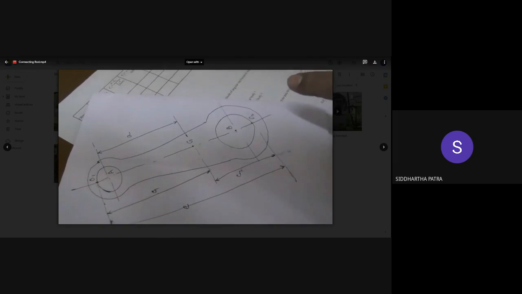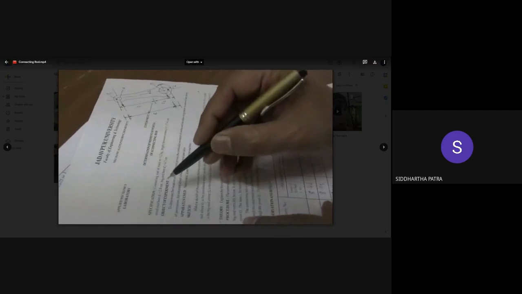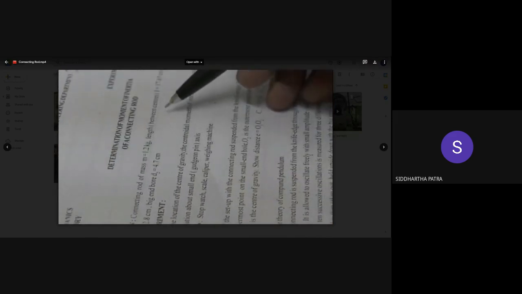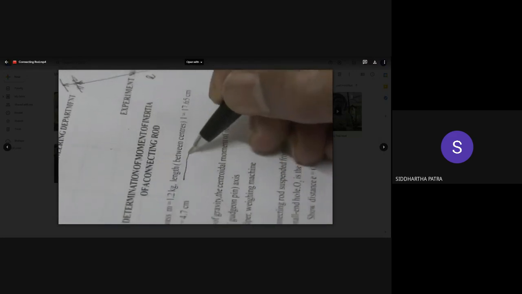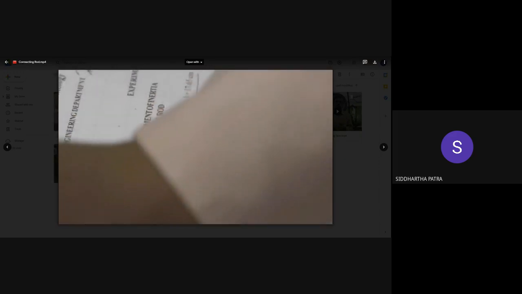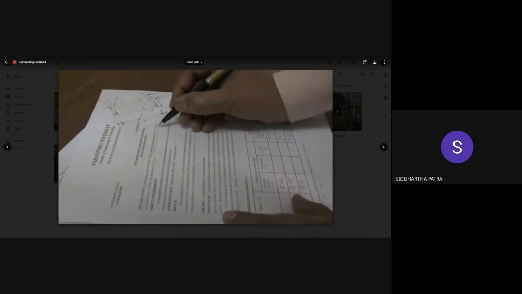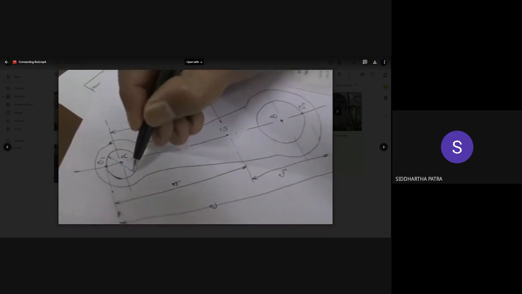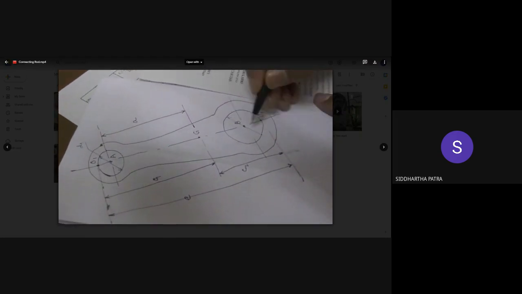So that dimension is given here. If it is not given, you can calculate it from here. The length between the centers, from here to here, is given, that is 17.65, and the bore of the small end, this bore is given, this is D1 and this bore is D2.